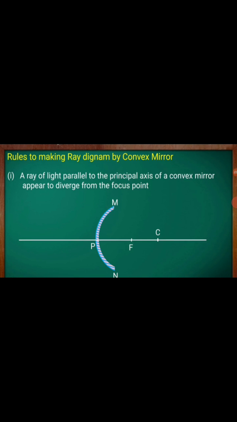Now, let us see about the convex mirror, children. Let us know about the rules to make the ray diagram. Here we have the same four rules. A ray which is parallel to the principal axis has to diverge from the principal focus. What is the difference between convex and concave? Concave was converging, convex is diverging.